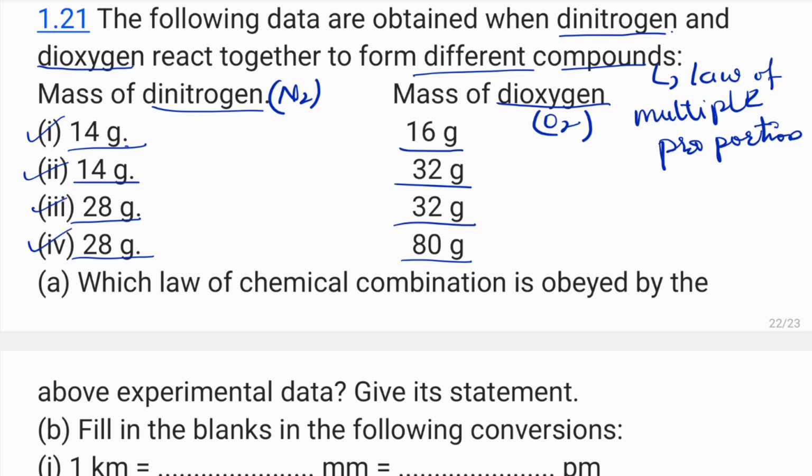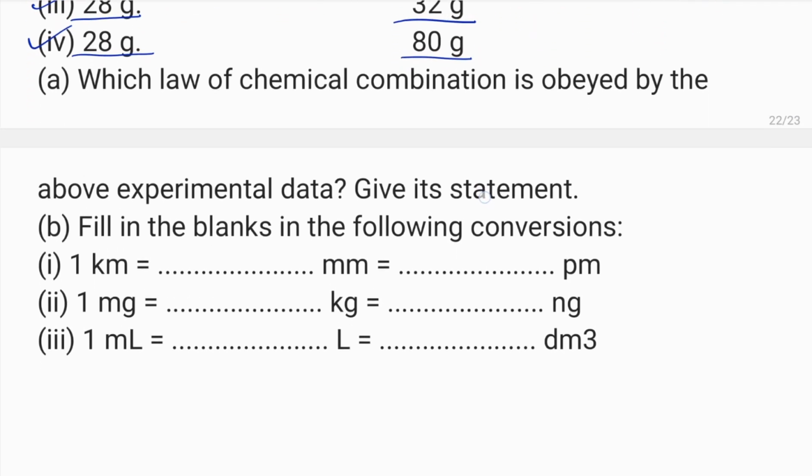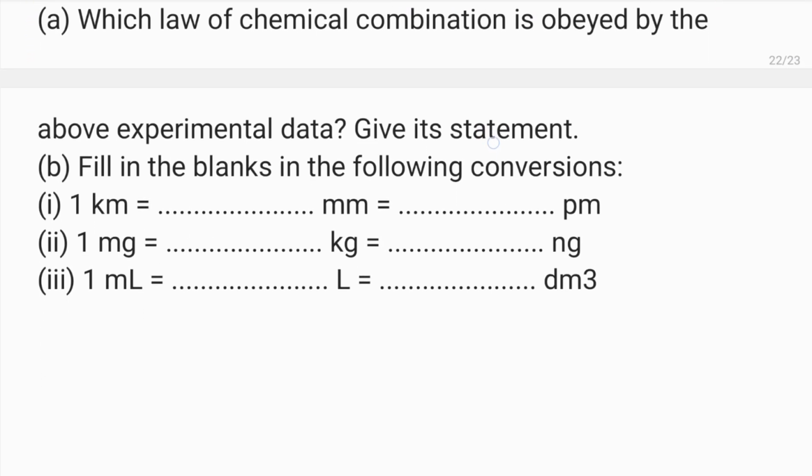So 4 different products were formed, but only nitrogen and oxygen were taken. The difference is that their masses are different. Let's see what questions are based on this data.